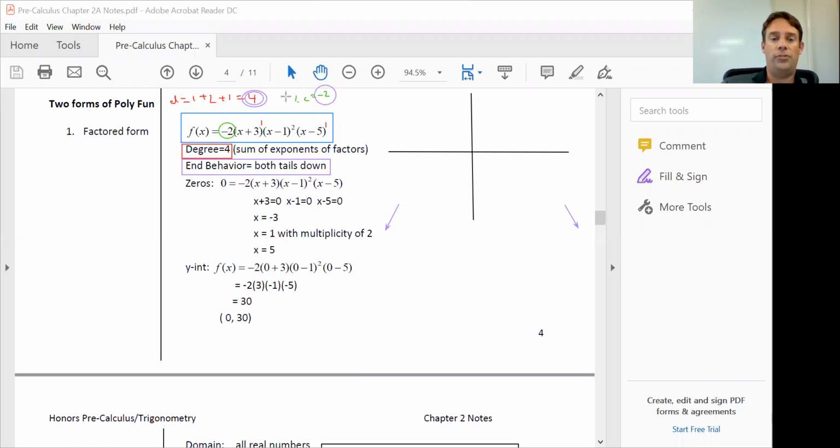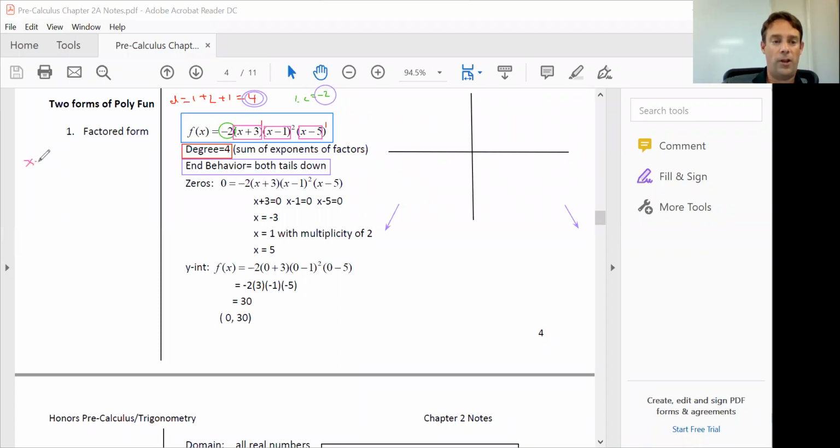To find our zeros, we're going to take every factor and set them equal to 0. So if we're looking for our zeros here, we have x plus 3.